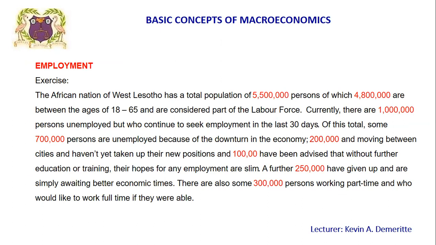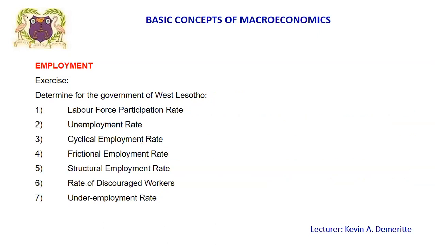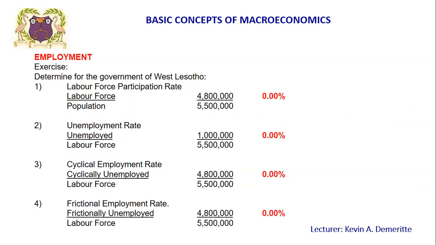It says a population of 5.5 million, and you have 4.8 million between 18 and 65. So our labor force is 4.8 million, and our population is 5.5 million.